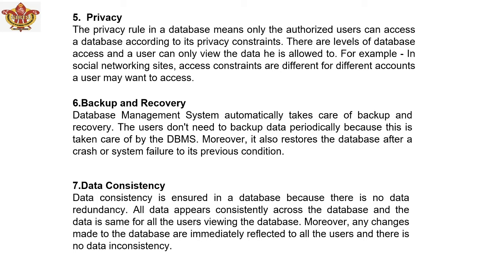There are levels of database access and a user can only view the data they are allowed to. For example, in social networking sites like Facebook, Instagram and LinkedIn, access constraints are different for different accounts a user may want to access.